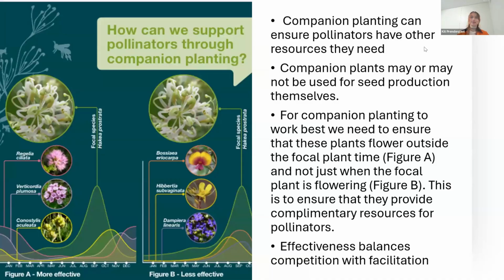So companion planting, as I mentioned, they're not used for harvesting the seed, but they can ensure that the pollinators have the other food that they require. For Hakea, we can look at how the companion plants overlap and also the potential for facilitation, or there is also the potential for competition. That's something that needs to be investigated.